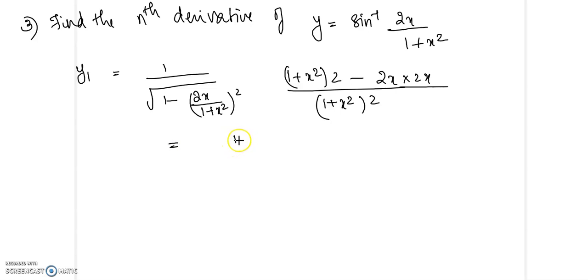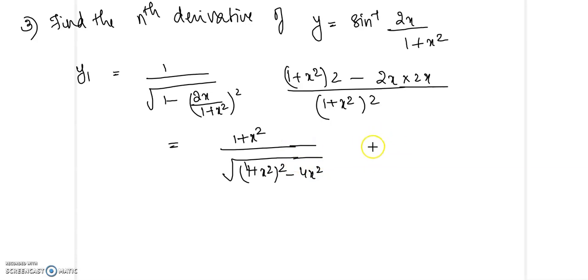So that will be equal to 1 plus x square in the numerator, over root of (1 plus x square) whole square minus 4x square, into 2 minus 2x square by (1 plus x square) whole square.